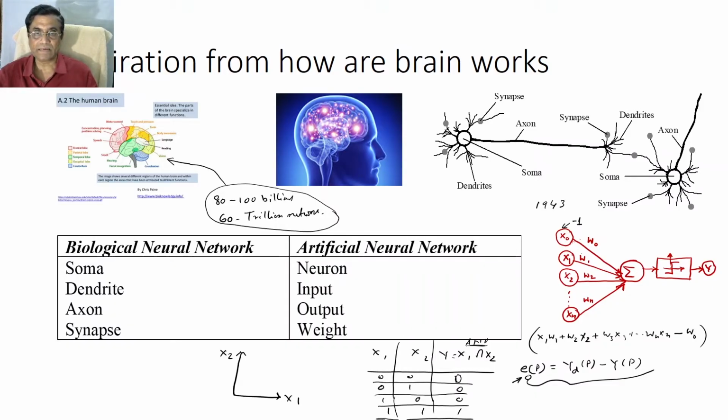For example, after training, what will happen? Some kind of decision boundary. So this is our AND, for example. This is high corresponding to this, and all others are low.